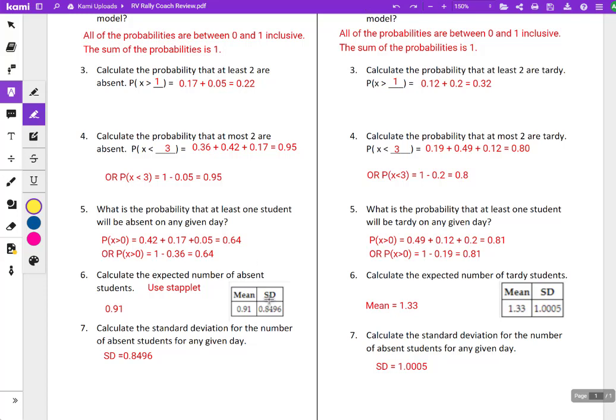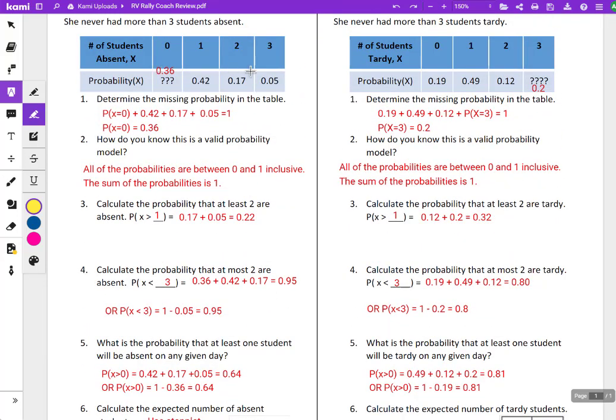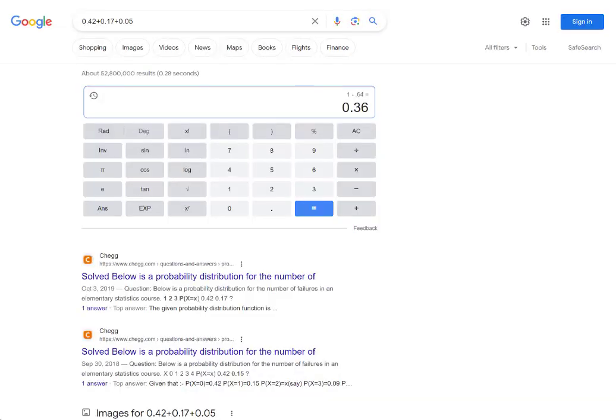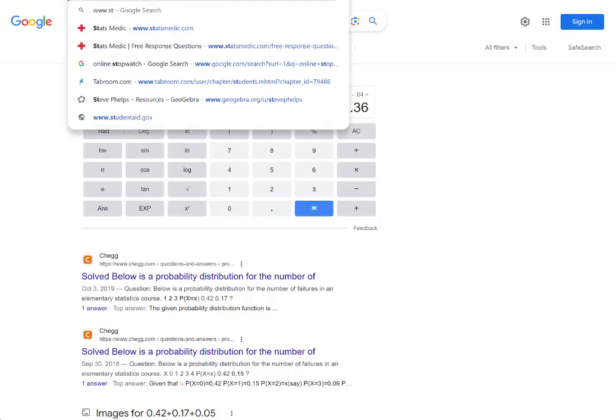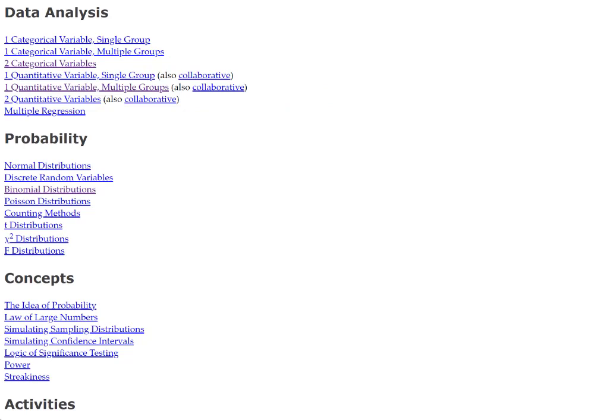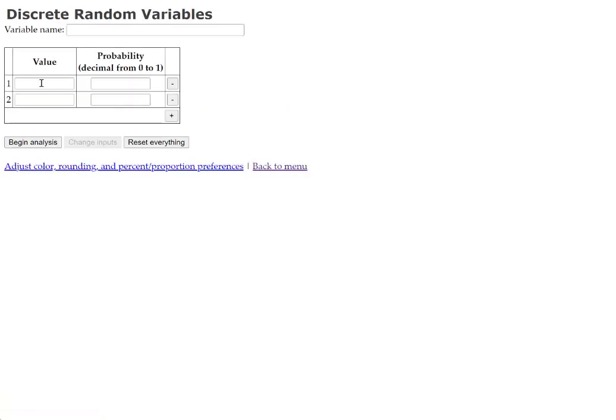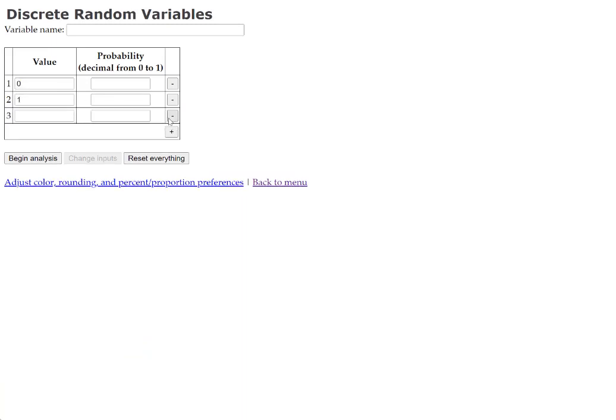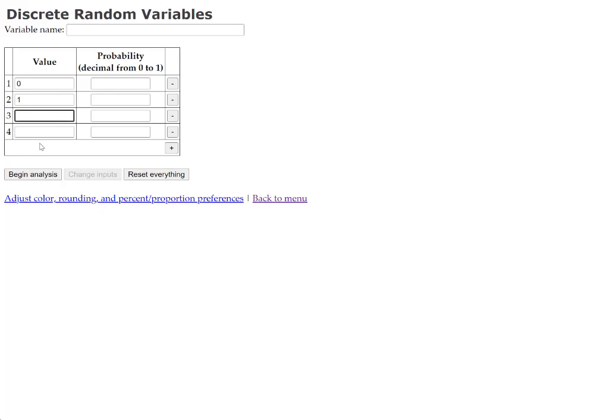So we hit the Stapplet. I'm just going to go ahead and show it for this first one here. So if you go to Stapplet, we get discrete random variables is the one we want, and we put our values in here. We had 0, 1, 2, and 3 was the most.